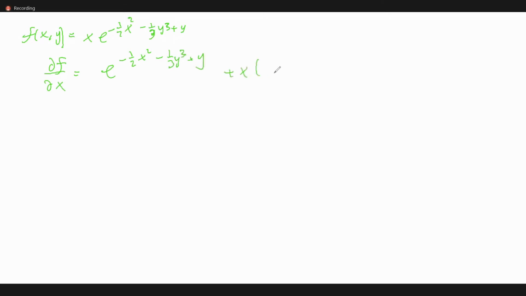plus x times negative x e to the power of negative 1/2 x squared plus 1/3 y cubed plus y, which we can write as 1 minus x squared times e to the power of negative 1/2 x squared plus 1/3 y cubed plus y.